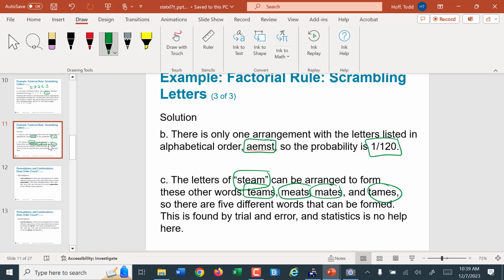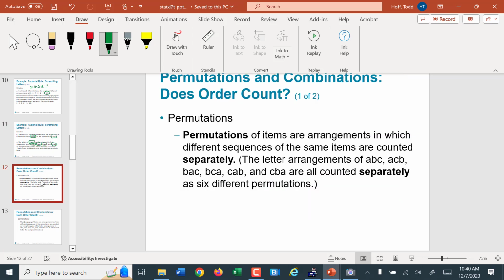The chance of forming a word if you randomly rearrange the letters is 5 out of 120, but that's not what we were asking. We were asking how many words you can make. Our statistical counting techniques don't help us here because we had to arrange the letters into words, and we did that by brute force.